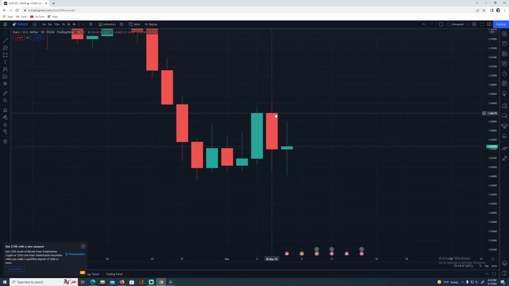At some point during that day, this was a small green candle, but then sellers came into the market and pushed it all the way down here, right? At some point it was a big bearish engulfer all the way here, but then it came back up and closed here, and that was the close of the day.